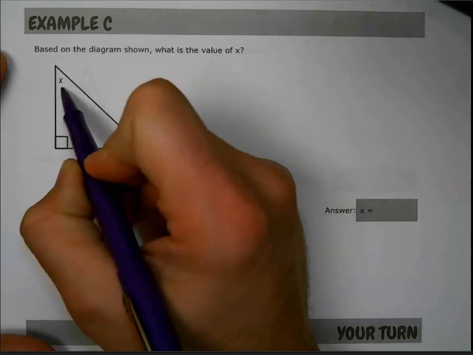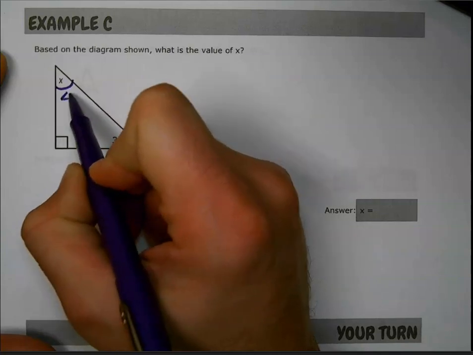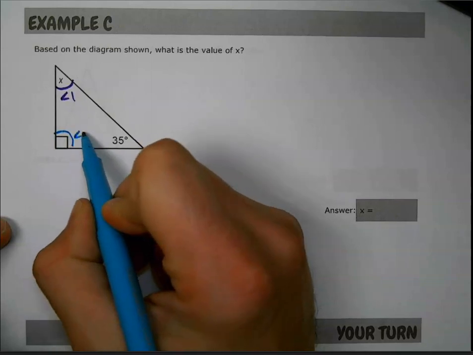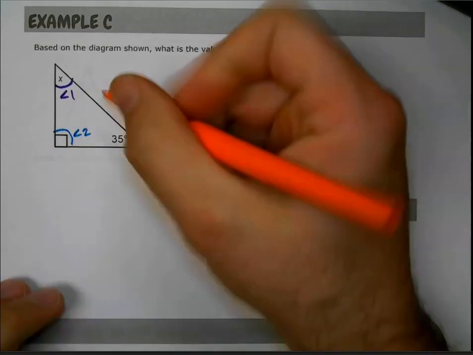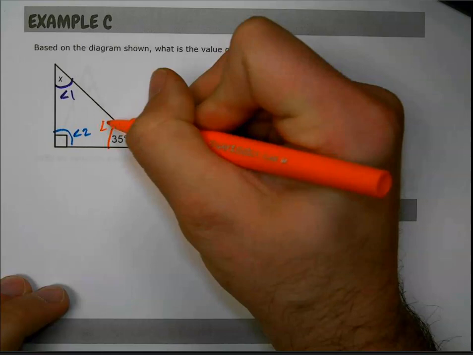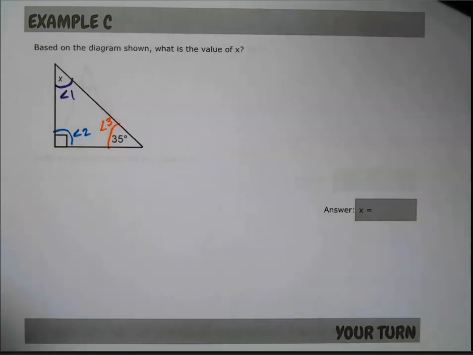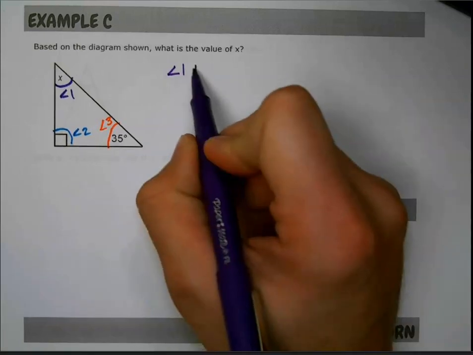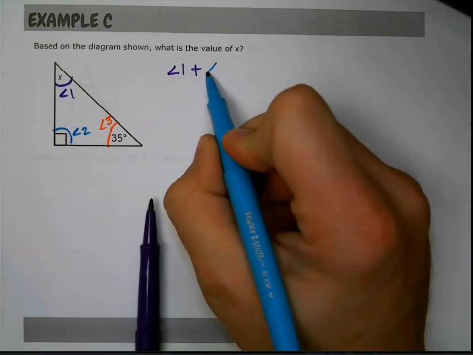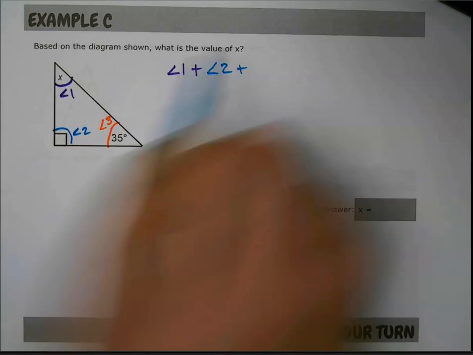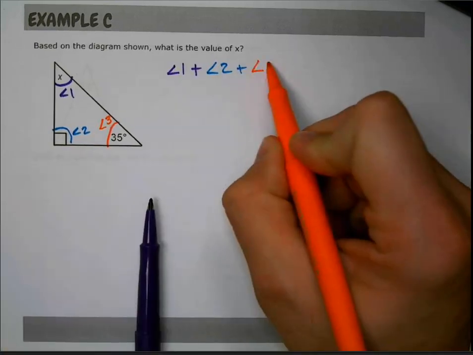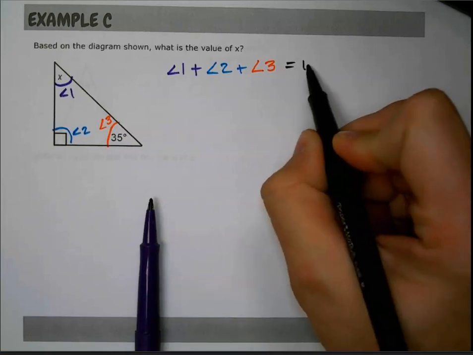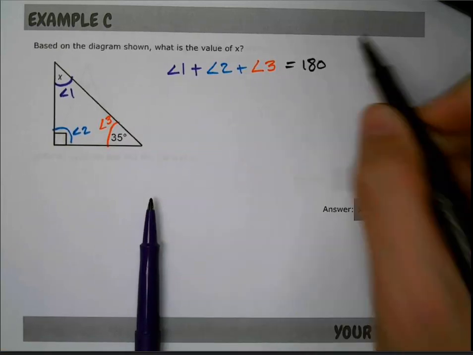The rule is angle 1 plus angle 2 plus angle 3. I'm going to write that down over here. Angle 1 plus angle 2 plus angle 3 always equals 180 degrees.